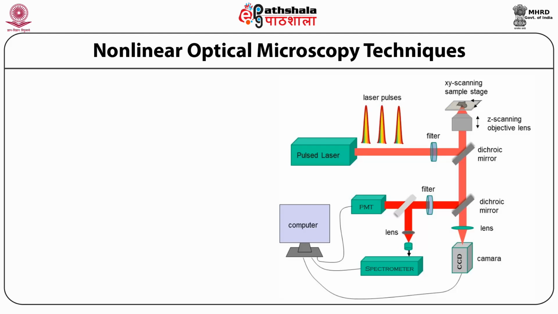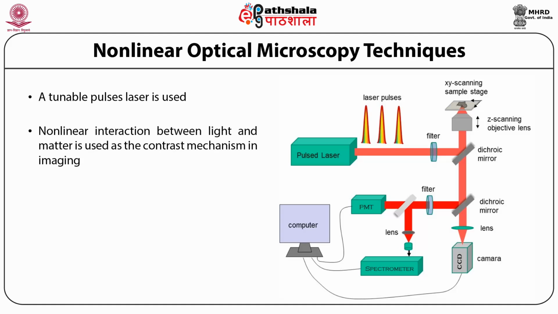So you need to have light coming from some kind of laser source in the form of pulses, because when you have pulses of light, the electric field associated with it is comparably quite high.